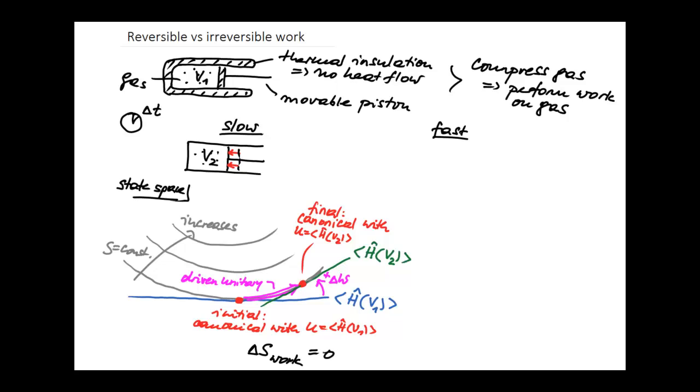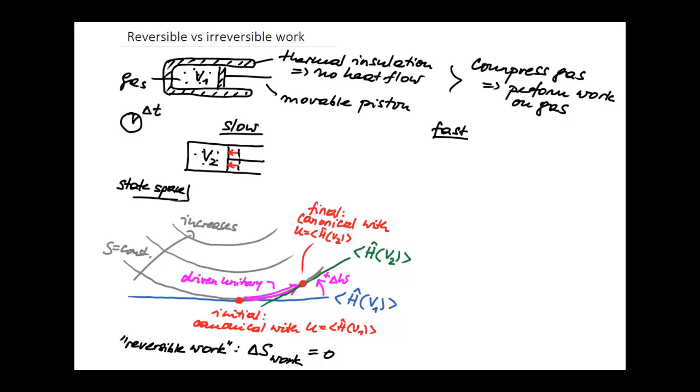For this reason, this work that we performed on the system is called reversible work. It's reversible because it didn't lead to an increase of entropy. And work is reversible as long as we perform it sufficiently slowly.